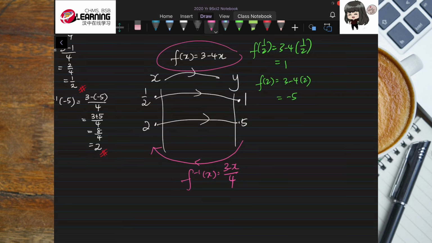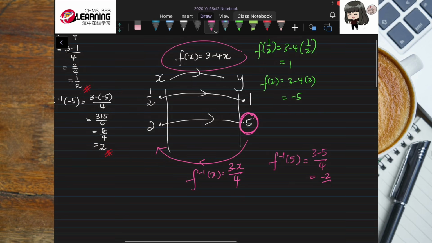Please take note that when we sub in the output, let's say we sub in 5, 3 minus 5 over 4. It's supposed to be negative 5. I'm sorry, I wrote wrong just now.